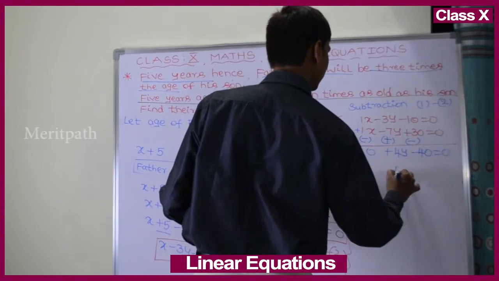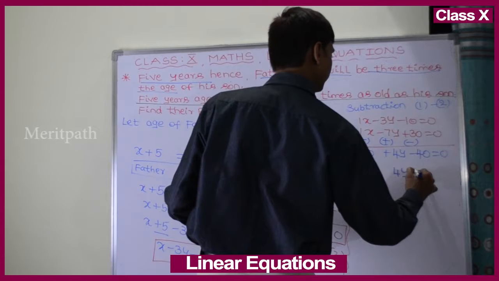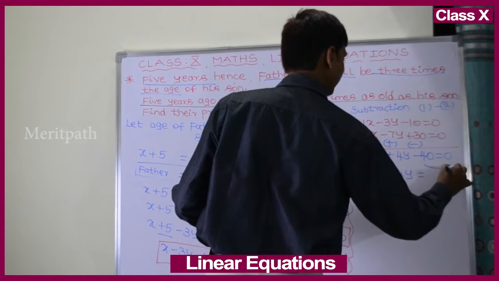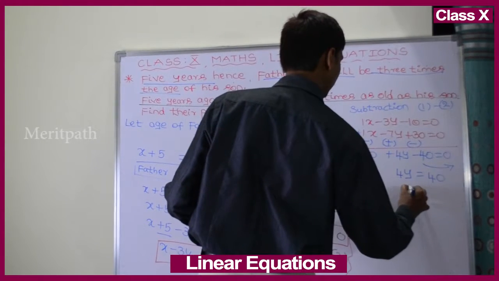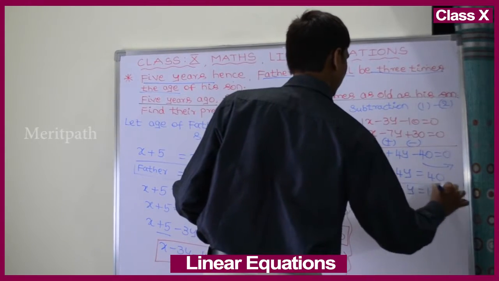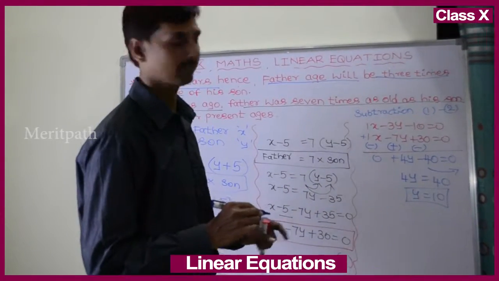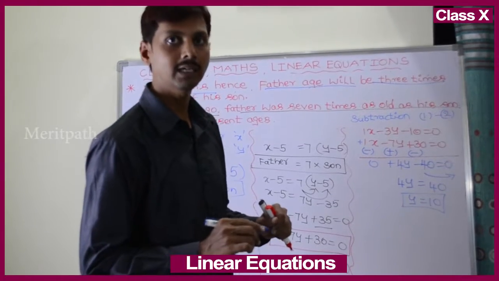Let us simplify this part. 4y minus 40 equals 0; it changes to plus 40 after transposition. So y is equal to 10, after cancellation of the 4 table. We got the value of y is 10.